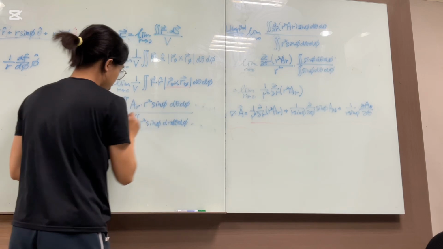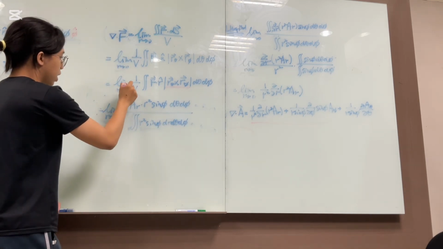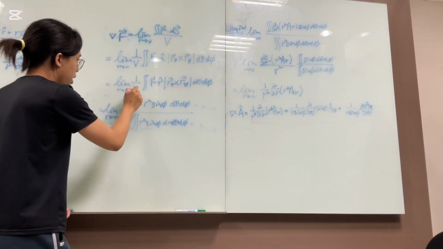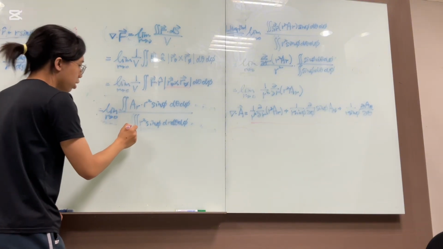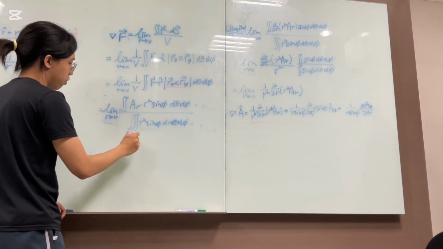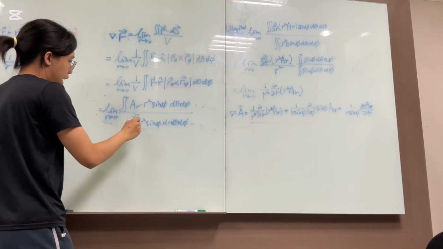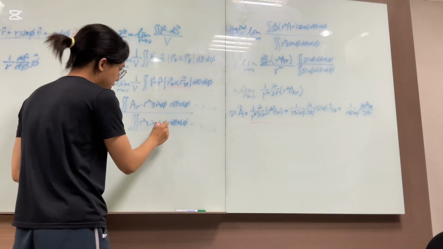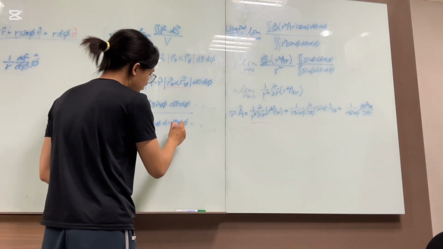From this line to this line we change this, which stands for volume. For volume we use the triple integral, and f of x we take as 1, so there is r squared times sine phi, dr d theta d phi.